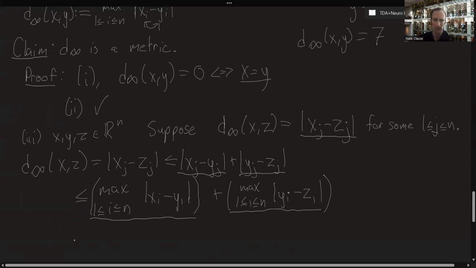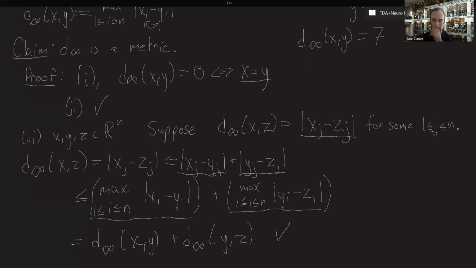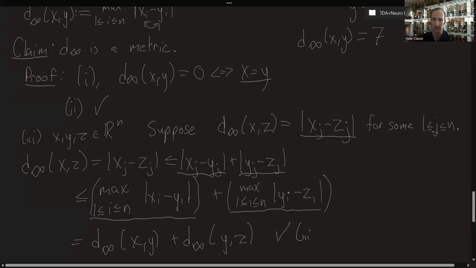Then, by definition, this is d infinity of x, y plus d infinity of y, z. And so the triangle inequality is satisfied.